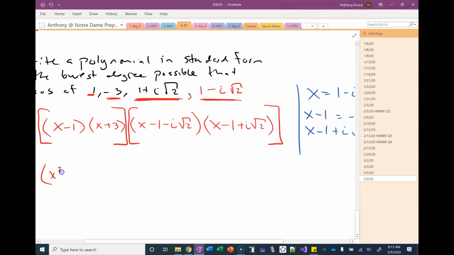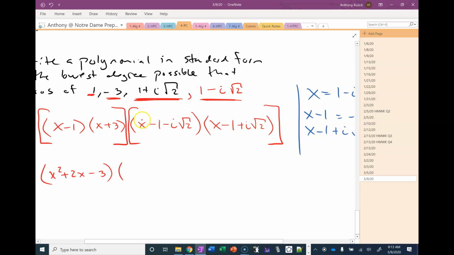So first I'll FOIL out x minus 1 times x plus 3. I just did that quickly in my head. Again, if you have to write that out and show the steps, do it. If you don't need to, you can skip it.